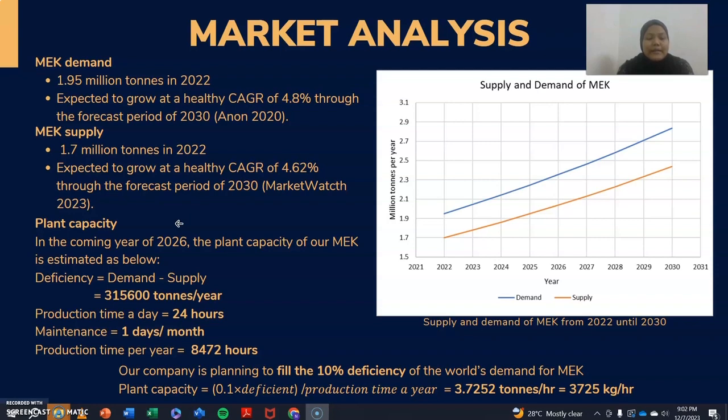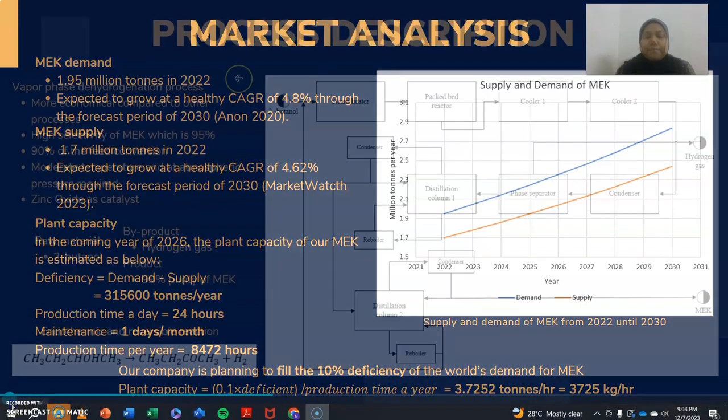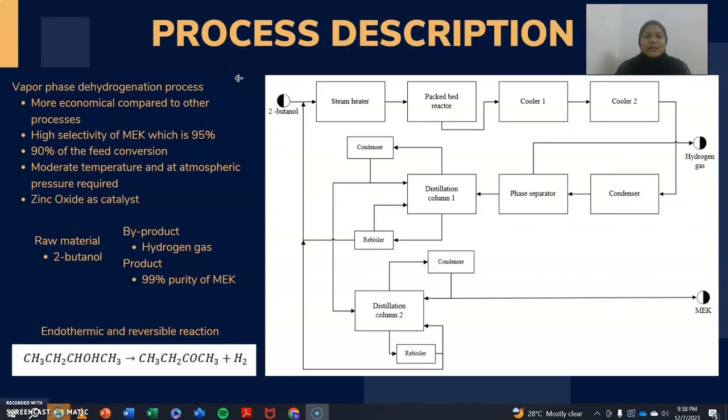Our production time a day is 24 hours, and 1 day of every month is used for maintenance purposes, so our production time per year is 8,472 hours. Our company is planning to fulfill 10% of the global deficiency of MEK, so our plant capacity is 3,725 kg per hour.